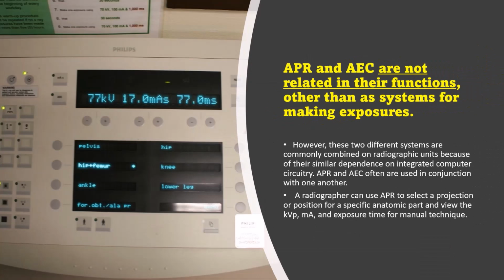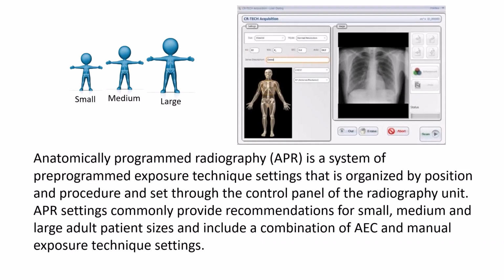Let's do another clarification. Anatomical programming is not the same as automatic exposure control. They are not related in their functions, but both of them can make a difference on exposure.